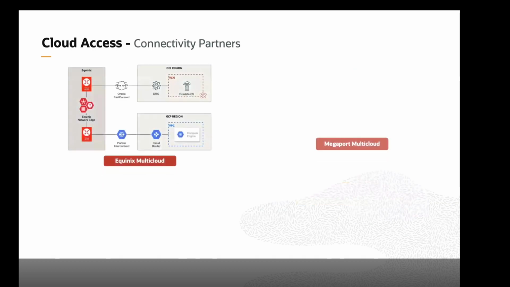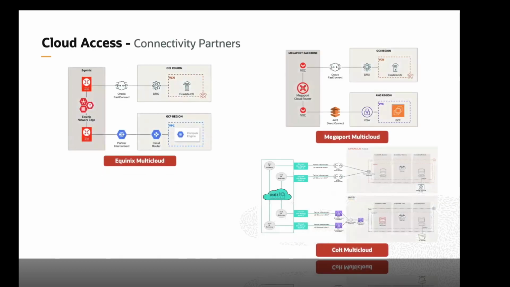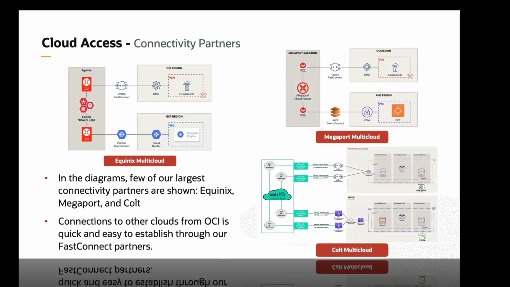OCI has strong partnership with third-party cloud connectivity service providers. These service providers have cloud connectivity fabrics, which allows customers to connect multiple cloud service providers together for building multi-cloud solution architectures.